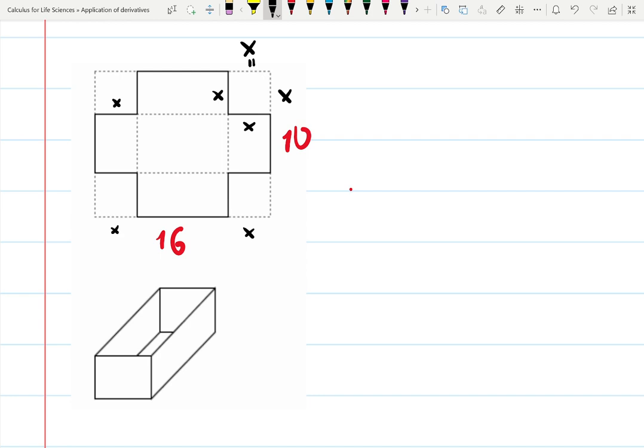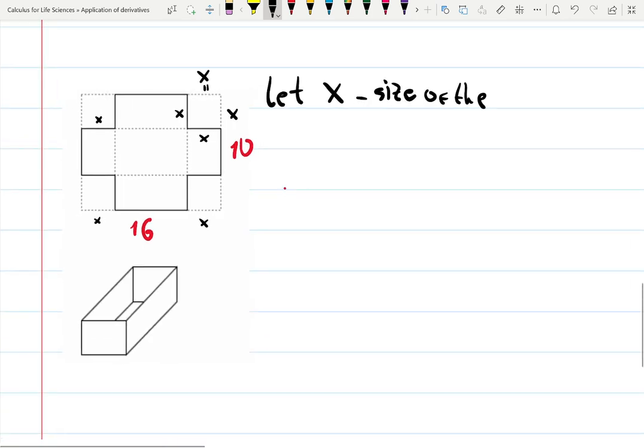So that's what the problem says: just cut the same squares everywhere. And since they're squares, it's convenient to call it x. So let x be the side of the cut, in centimeters. That is my new variable I'm creating.